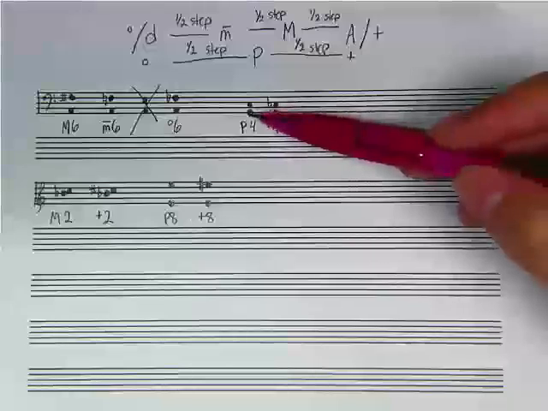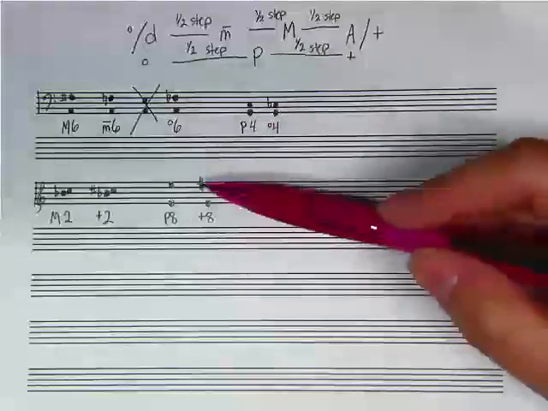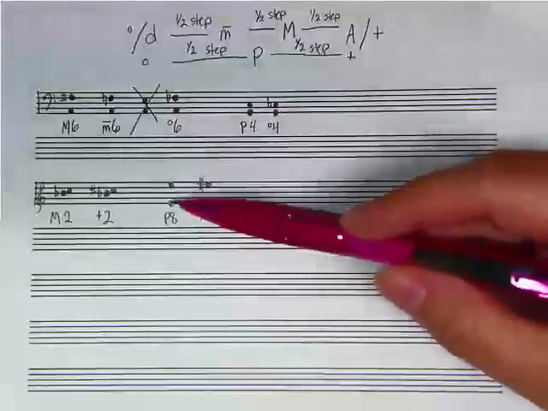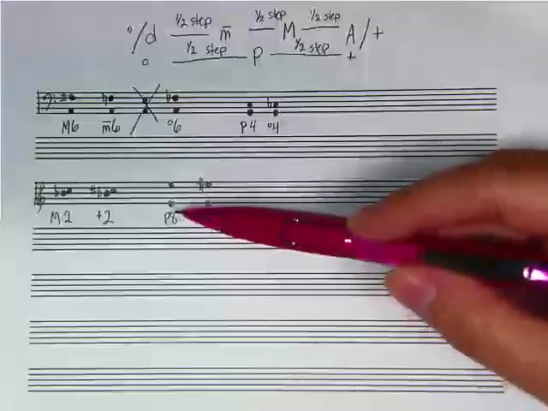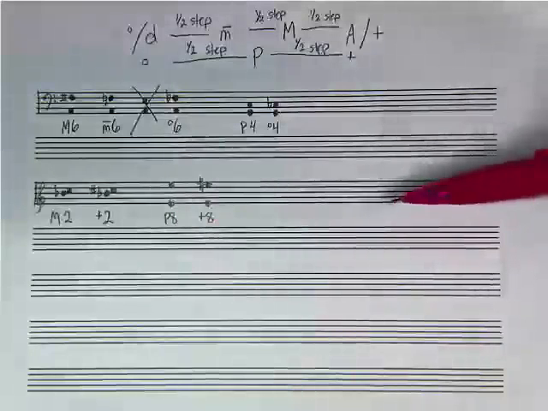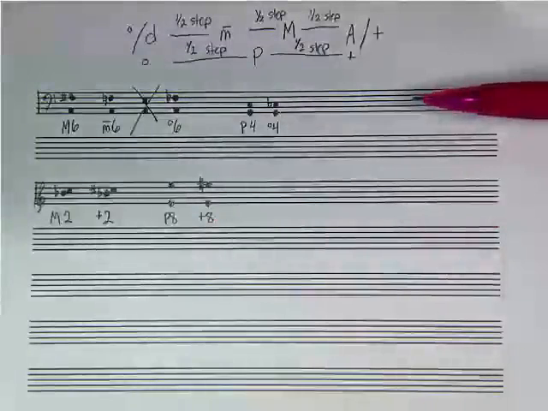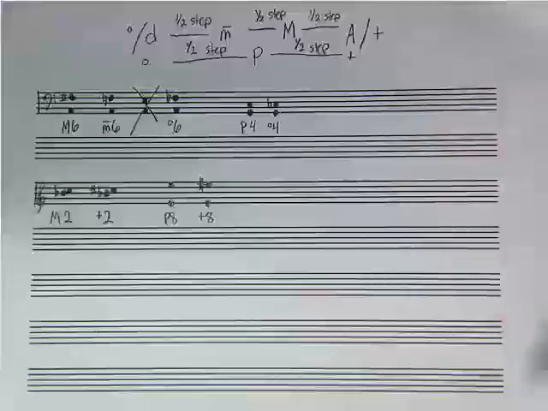We could have moved the bottom note up a half step. Or to make this a half step bigger, we could have moved the bottom note down a half step. So those are still ways to do intervals, but it just depends on which note you need to keep constant and which note you need to move. But you will sometimes need to move the bottom note, and that's how you think about that.